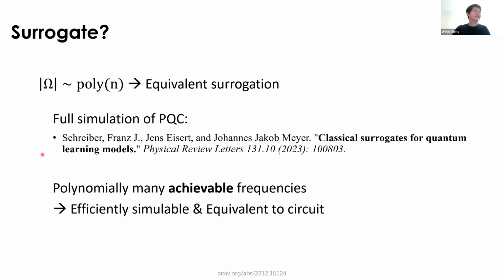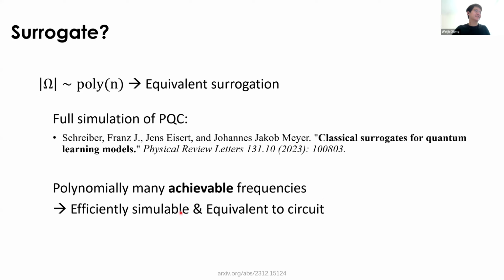The first class is equivalent simulation, or full simulation of the PQC. Namely, if you write down the prediction of your classical surrogate, you will get the same analytical form as the prediction of a quantum learning model.